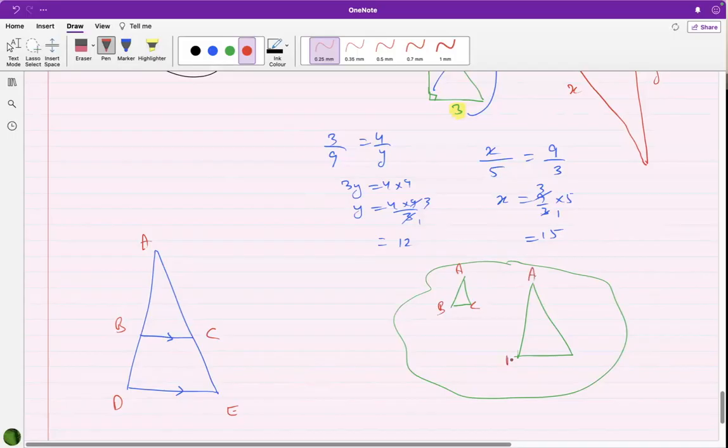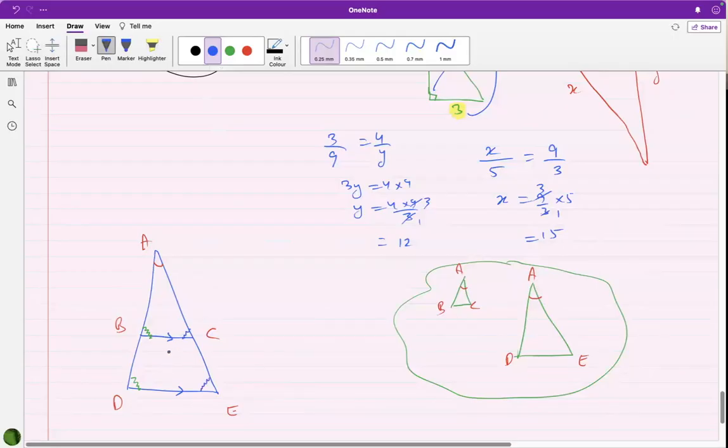Larger one is ADE. Now we know in the smaller one, A is equal to the one in the larger one, both A. And B for the smaller one is equal to D in the larger one because they are corresponding angles. And C in the smaller one is equal to E in the larger one.